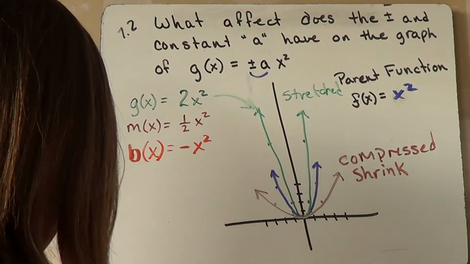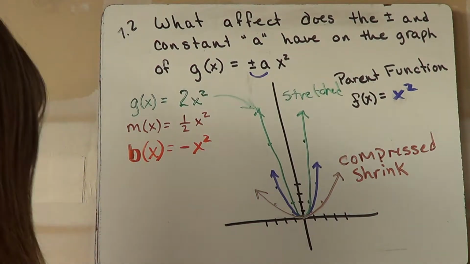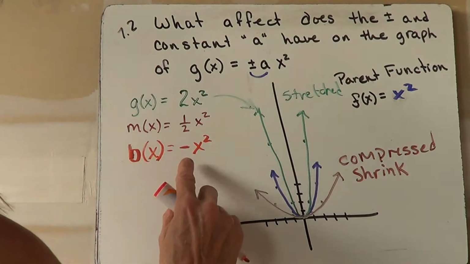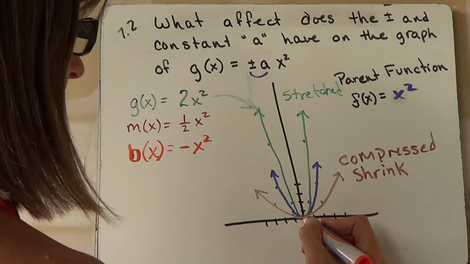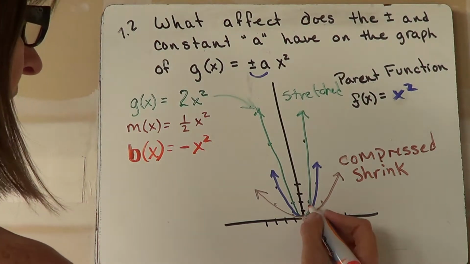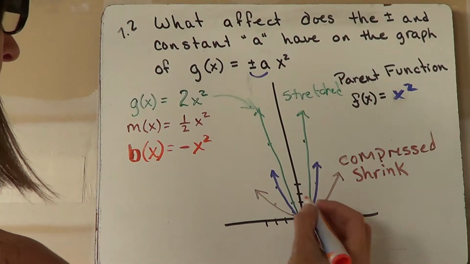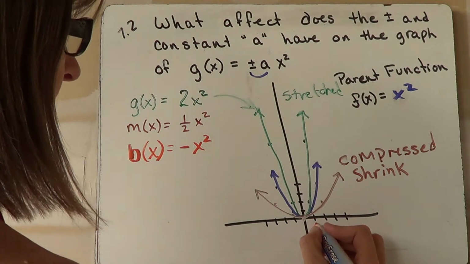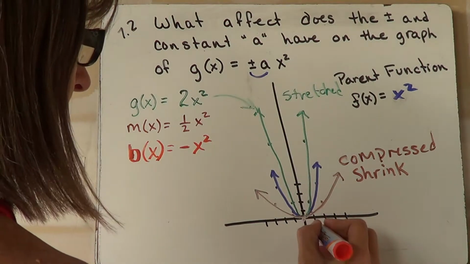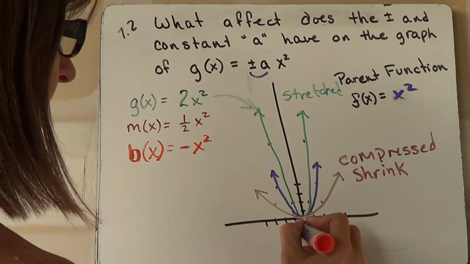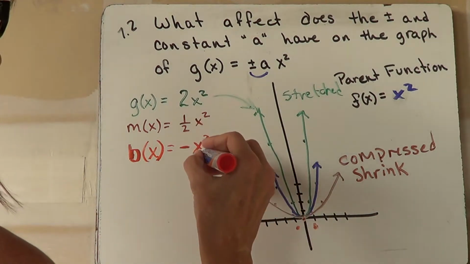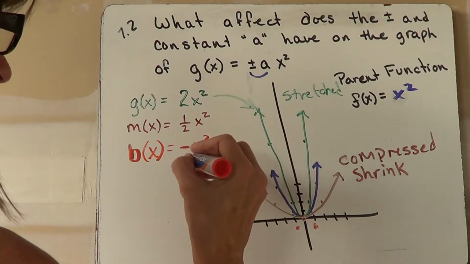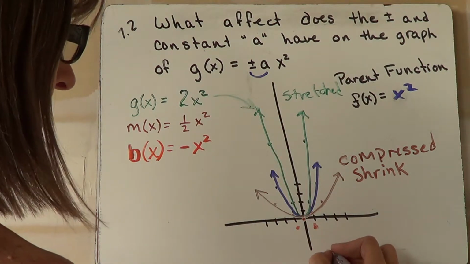Now there's one more description that you need to become aware of, and that's if there's a negative up front. 0 times a negative is 0. But when we come out with the 1, 1 times a negative is negative 1. And 2 squared is 4. 4 times a negative is negative 4.